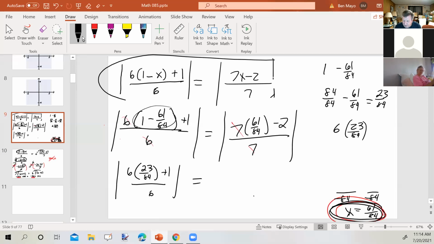Let's see, 14 times. Check it out. 6 times 14 is 84. So this is going to reduce down to 1 over 14. Okay. So now on the next, so I'm going to get what? Let's see. This is going to be 23 14ths. Okay.